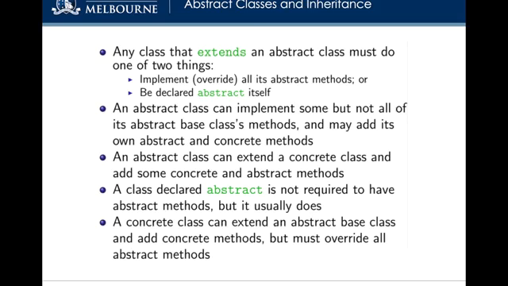So in essence, it's normally expected or good practice to provide abstract methods if you're using an abstract class, but it's legal not to provide abstract methods. And again, any concrete class that extends an abstract base class has to override the abstract methods that are provided by the abstract class itself.